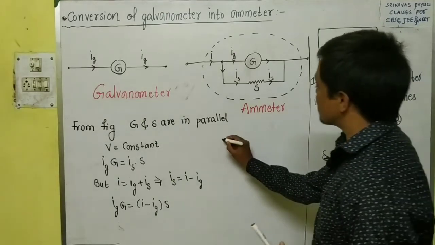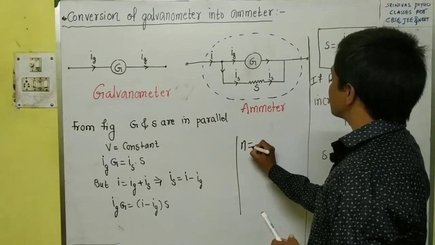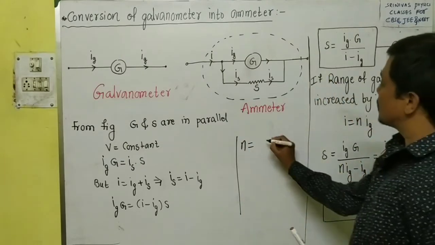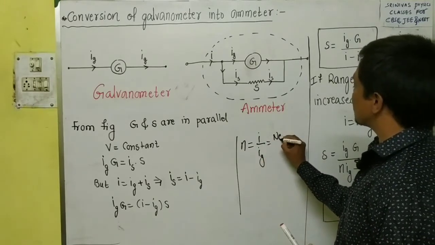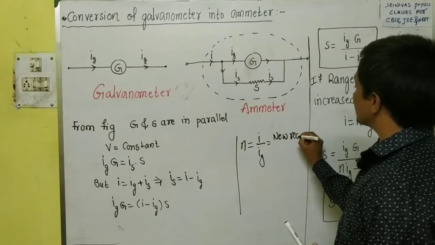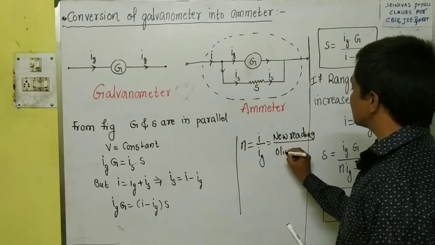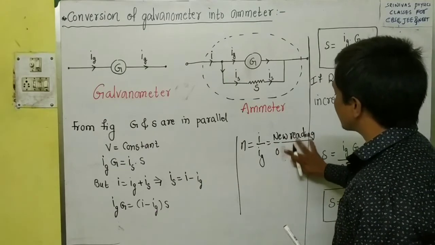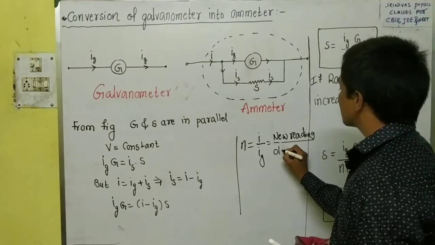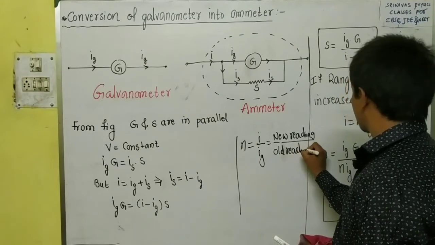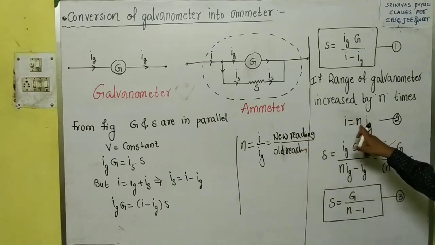We write here from equation 2, that is I by Ig, that is new range, new reading by old reading, right? n is the new reading by old reading, I by Ig, I equal to n Ig.